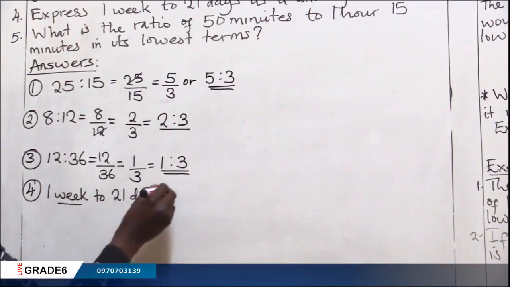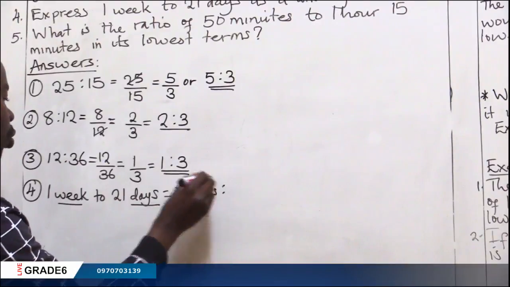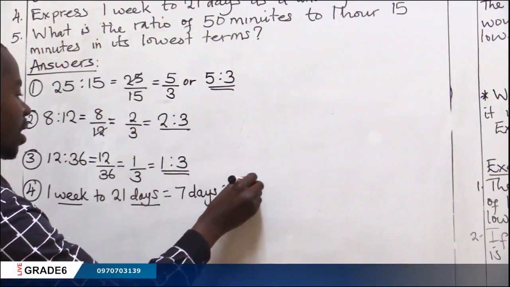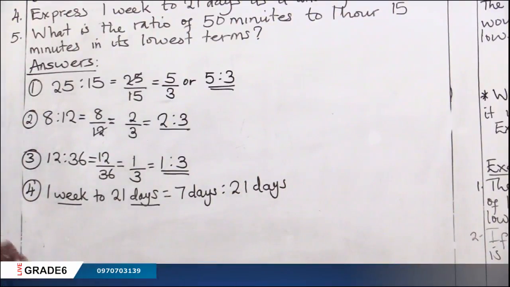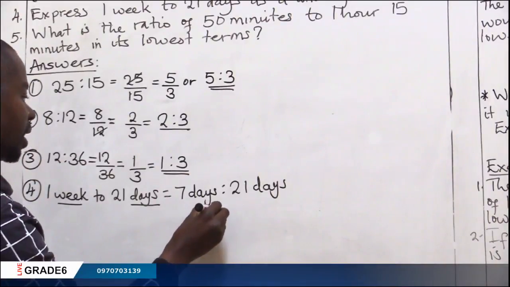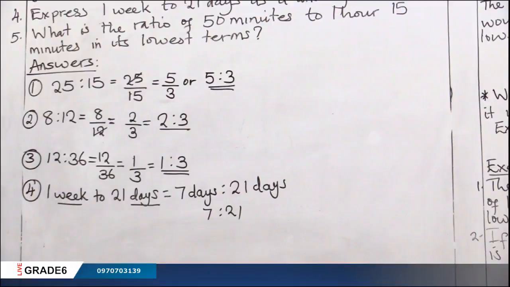So we can change 1 week to 7 days. So it will be 7 days to 21 days. So our ratio is 7 to 21.